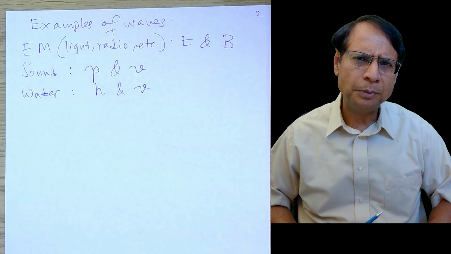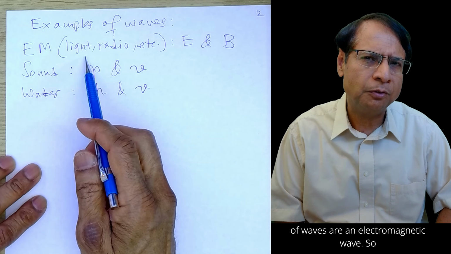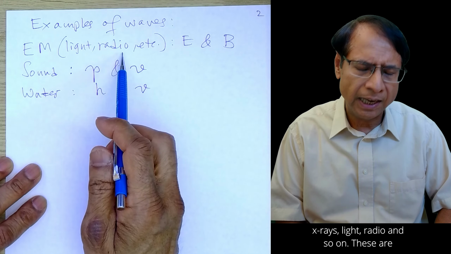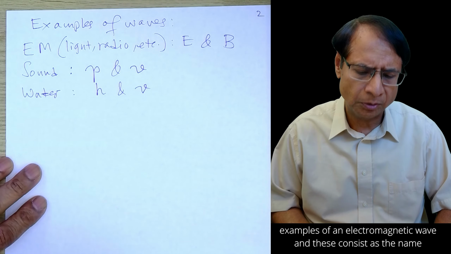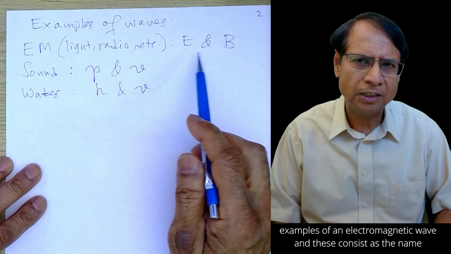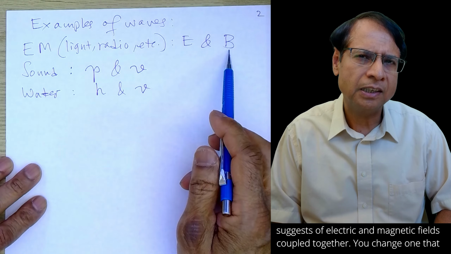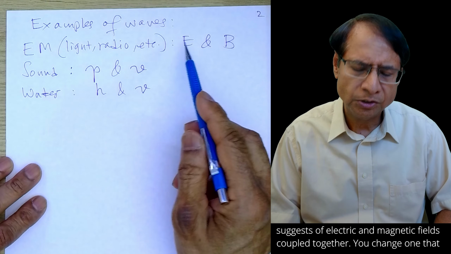Other examples of waves are an electromagnetic wave. X-rays, light, radio, and so on are examples of electromagnetic waves. And these consist, as the name suggests, of electric and magnetic fields coupled together. You change one, that causes a change in the second, back and forth, and so on. In the case of sound, you have pressure and velocity.